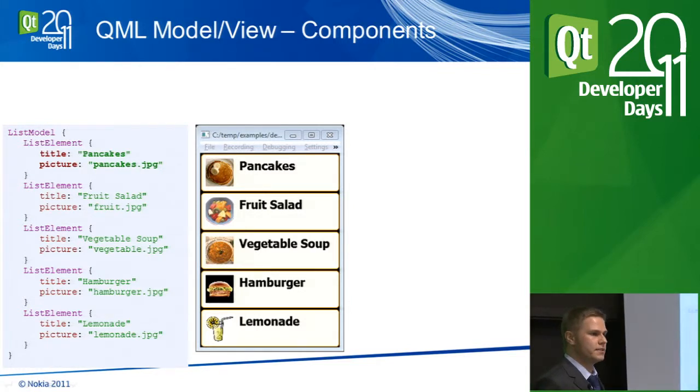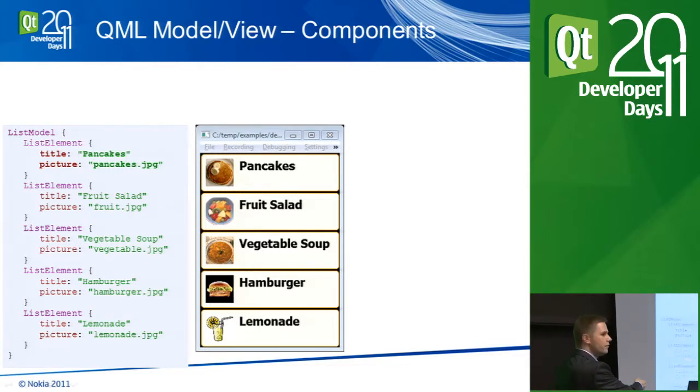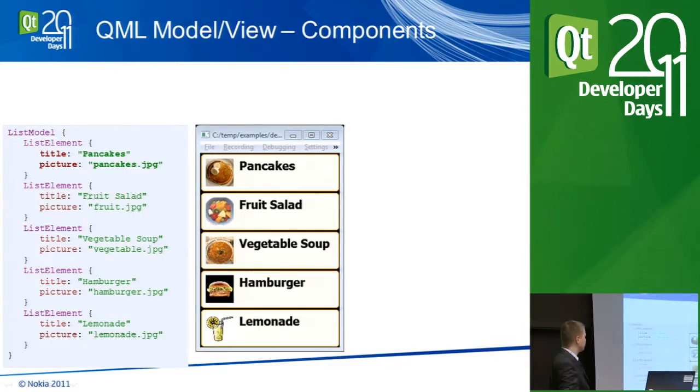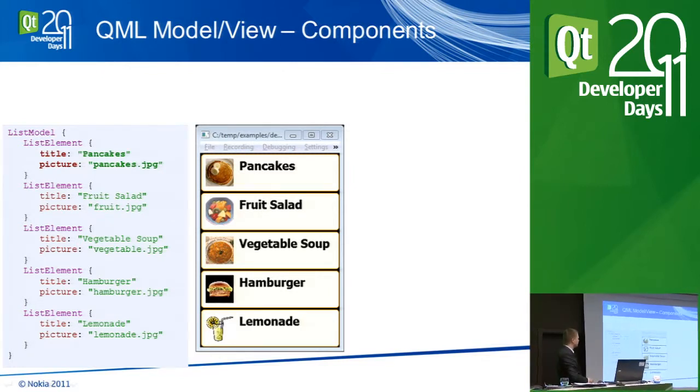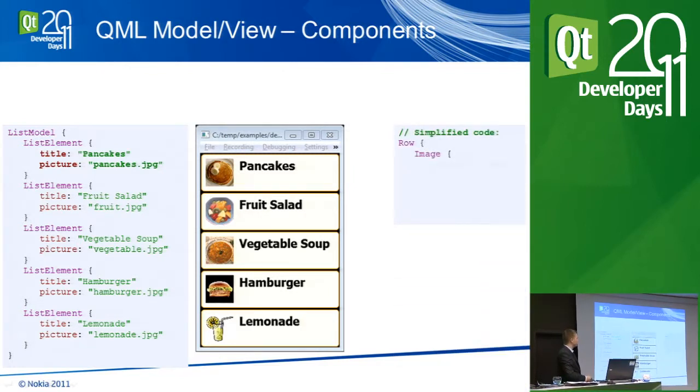But this is a simple example. This is what we have: a set of list elements with title and picture for each one of these. This is what we want to see. And this is a simplified version of how we make it happen.